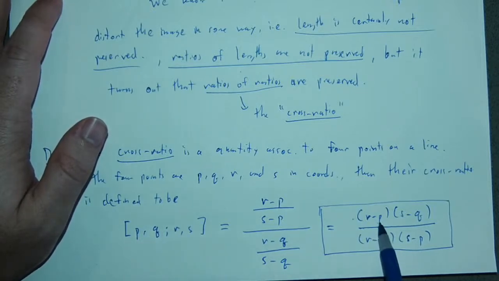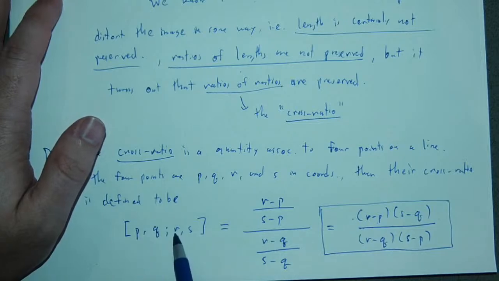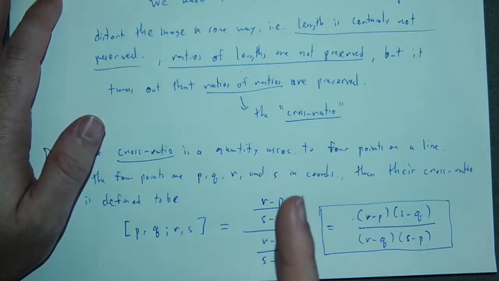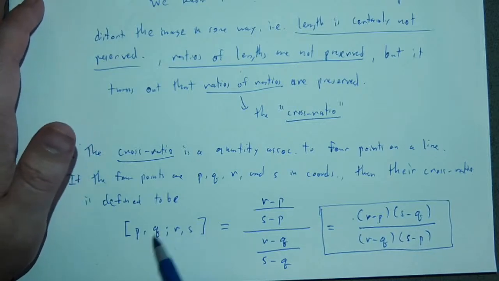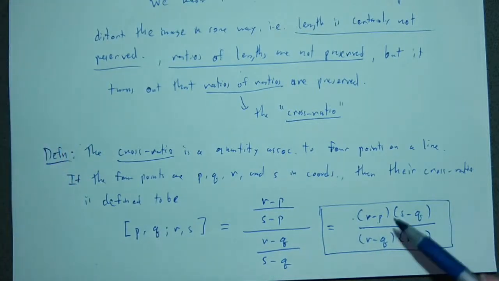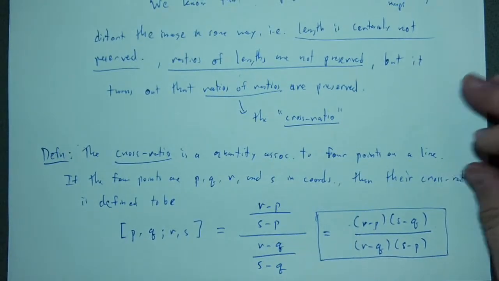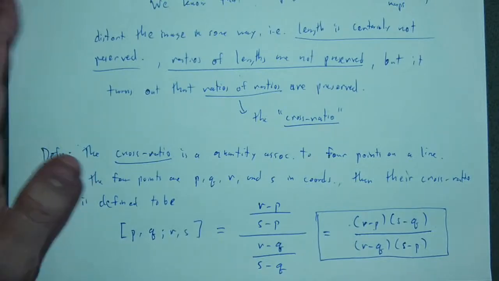Here I have R minus P. Could I choose P minus R? You could, but whatever order you pick, you have to stick to that order through the whole thing. So you can't do R minus P in the first and then do S minus Q, then do Q minus S in the second, unless you also have a flip happening in the denominator. So don't do that. Just pick some ordering and stick with it.